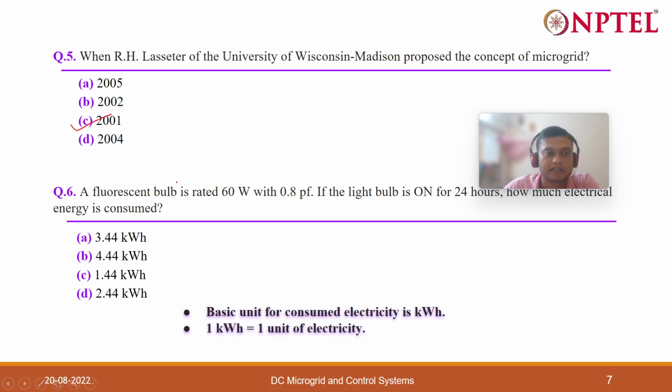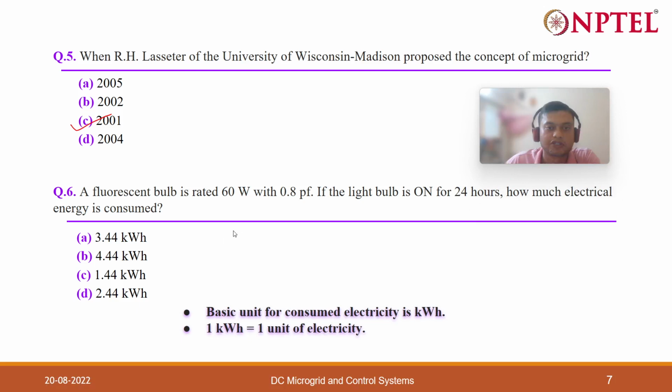Now let us see the sixth number question. A fluorescent bulb is rated at 60 watt with 0.8 power factor. If the light bulb is on for 24 hours, how much electrical energy is consumed? And there are 4 options. I think this type of question has already been covered in the last sessions, so you might be able to give the answer.